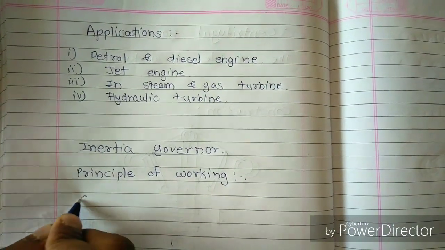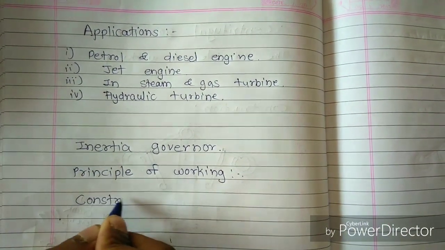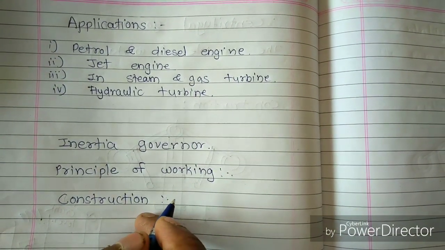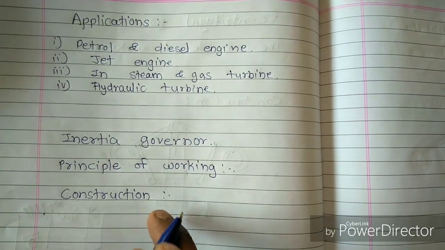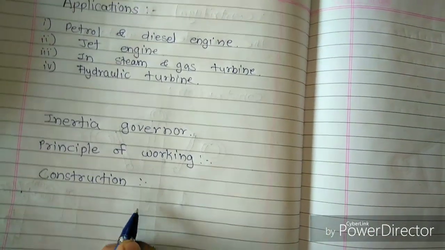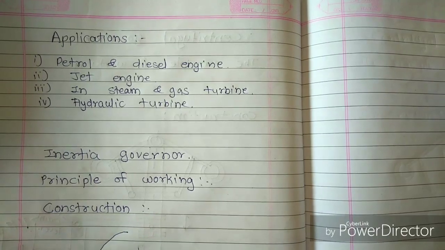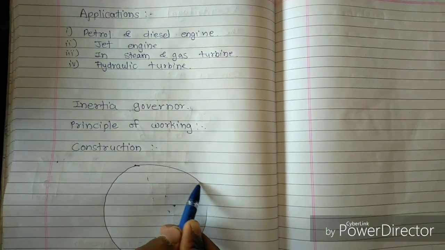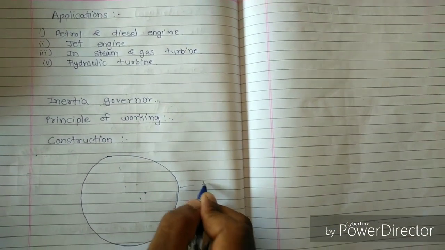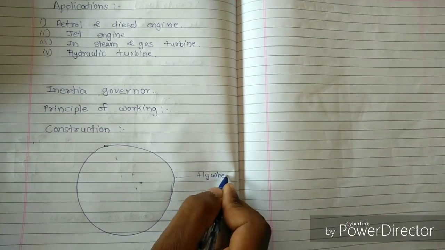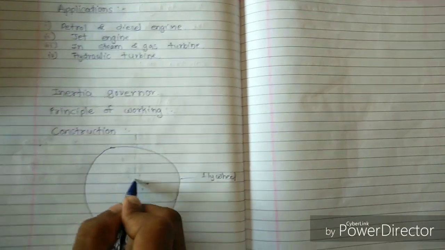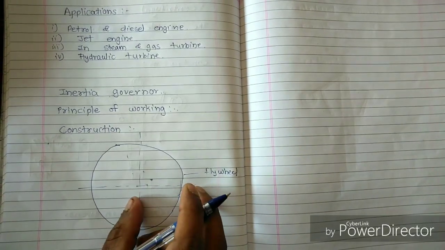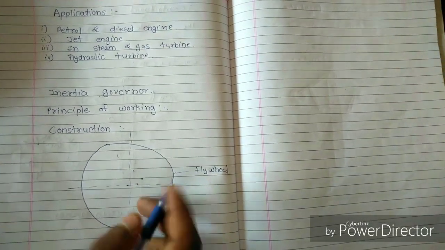Now we will learn the construction of the inertia governor. The construction of inertia governor is totally different from the centrifugal governor. The inertia governor consists of the flywheel. This is called a flywheel. This diagram is not neat, it is only for understanding purposes.